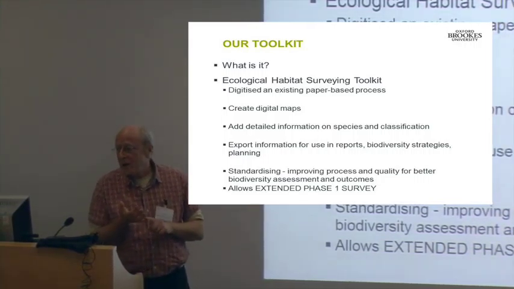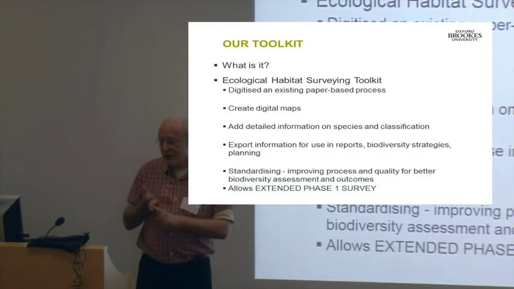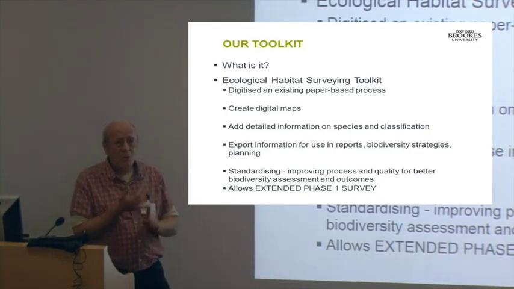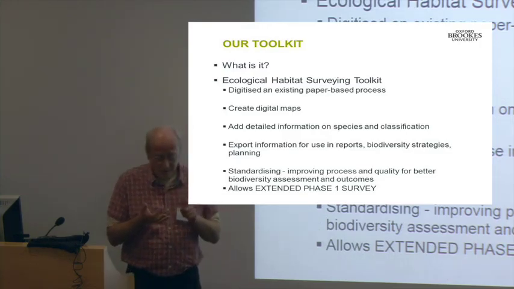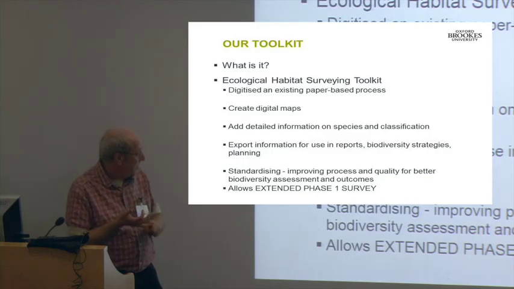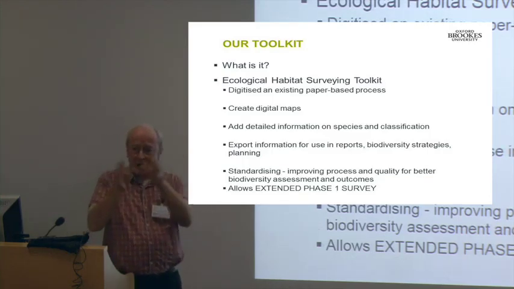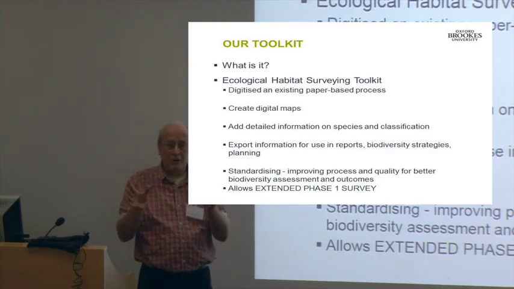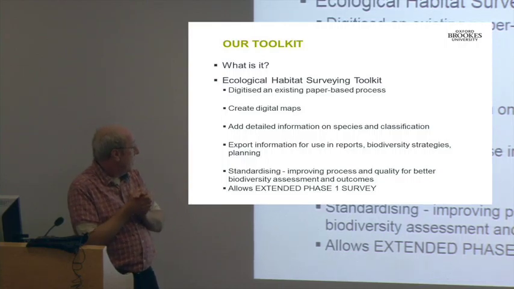We can add target notes, detailed information, notes, photographs, etc. And we can export all that information at the touch of a button to GPS, to GIS systems, including ARC and QGIS. Text output of all the information, photographs which are spatially referenced to where the photographs are taken.